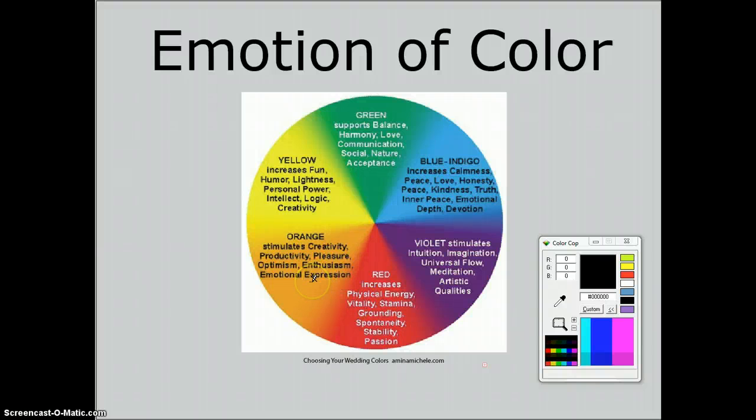You move to orange. It's kind of a cheerful color. It's not as aggressive as red, but it can have some of the same qualities. Then yellow: happiness, intelligence, joy, brightness are some that are listed besides the ones that are on the screen.